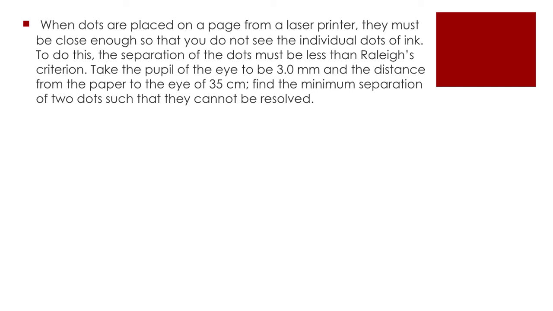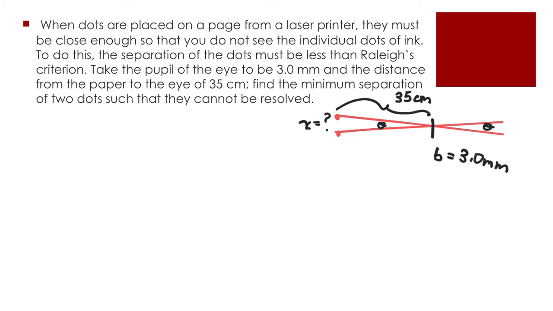So let me do a quick little diagram. Okay, so here's my diagram. We don't know the distance between these two dots that we're looking for. We do know that it's 35 centimeters away from your face, and we're going to use a pupil opening of 3 millimeters.